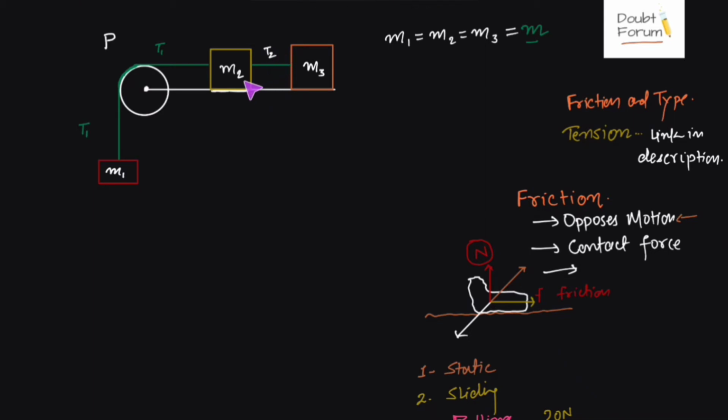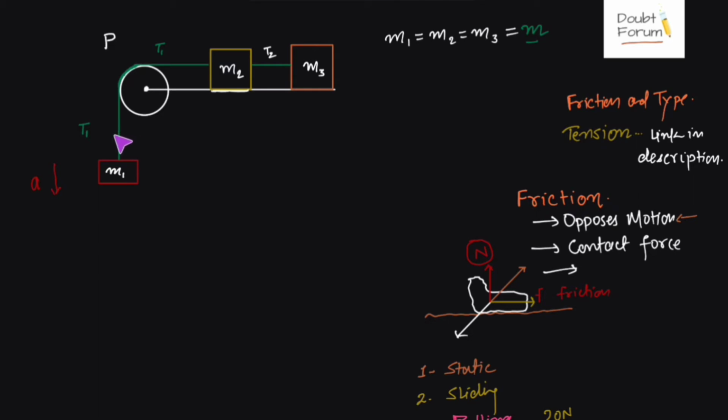Now we draw the free body diagram. The question is asking, find out the acceleration of this hanging mass when it is falling down. So when this mass is falling down with an acceleration of A, the string is connecting this mass as well as this mass, and we assume the string is inextensible, it will not extend, its length is constant.